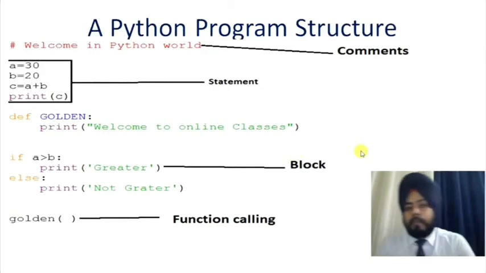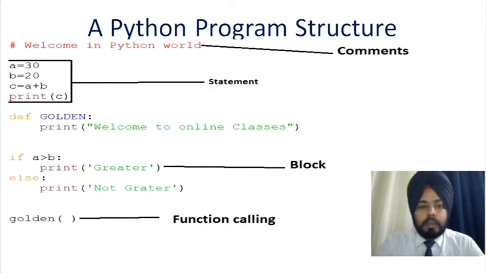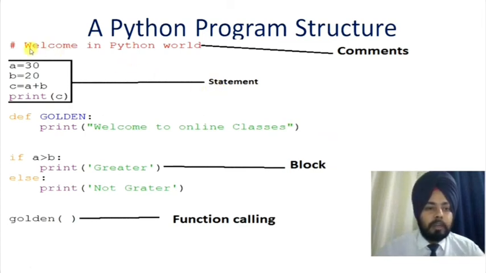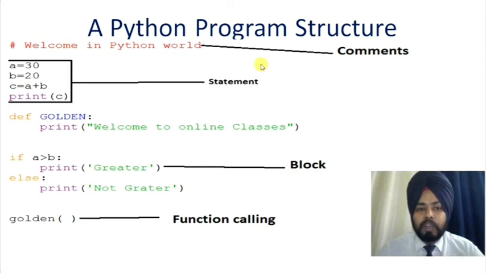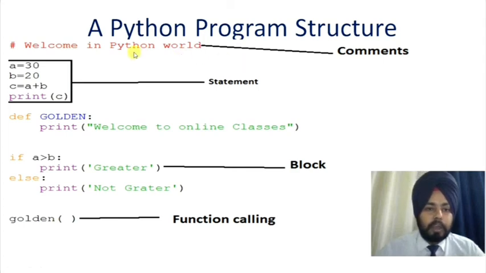A programming structure in Python, for example, I added a diagram here. The line that starts with a hash is called a comment. Comments improve the readability of the program, and during the execution of the program they do not show any result.